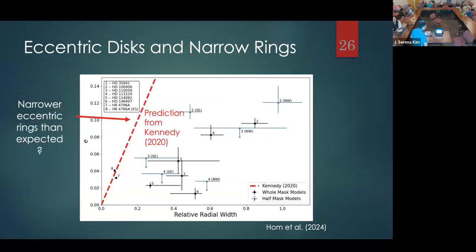The other thing that we can look at as well are eccentricities and the narrowness of the rings. What I'm showing here in this red line is from a paper by Grant Kennedy, 2020, where he looked at some ALMA observed debris disks and found some systems where highly eccentric systems were pretty narrow in terms of their relative ring widths.